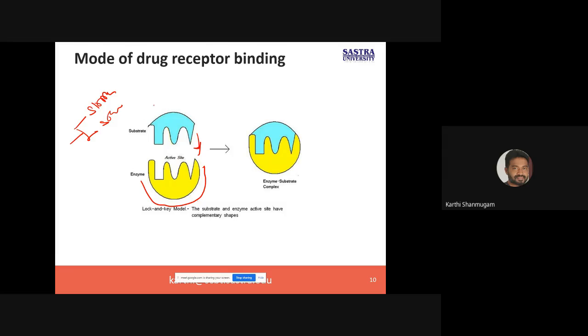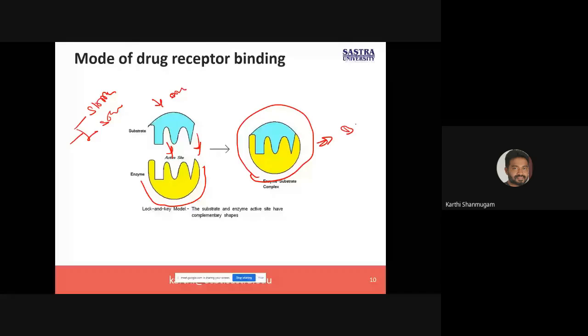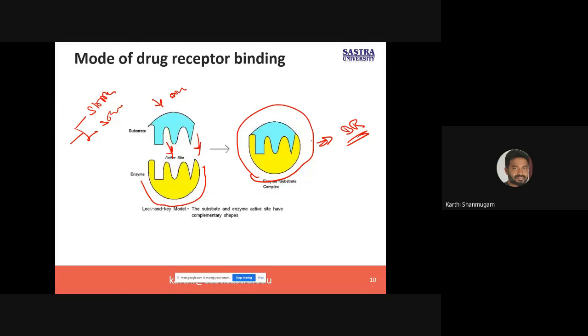So if any substrate or drug molecule has the shape complementarity and stereoelectronic complementarity, then it can go and bind to the binding site of the protein molecule, where it can make interaction with the active site to form this complex, right? So this complex is mainly responsible for the biological response. Okay, the drug action is mainly because of the formation of this complex, which we will see in detail in the coming slides.